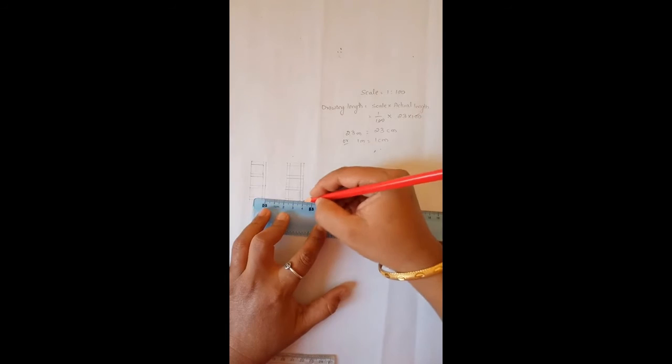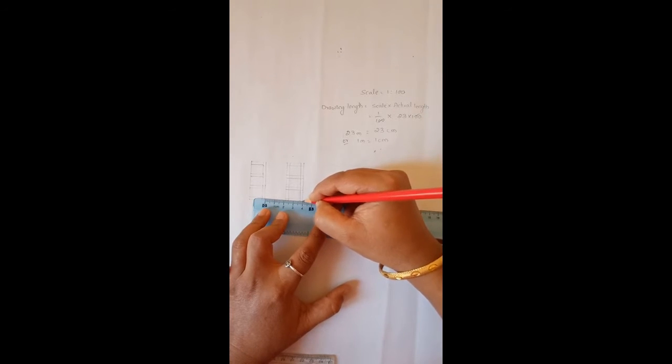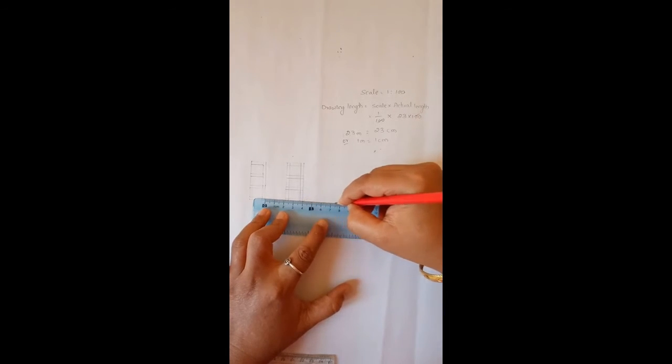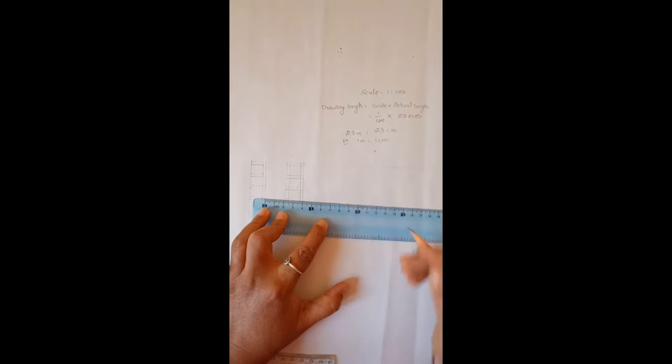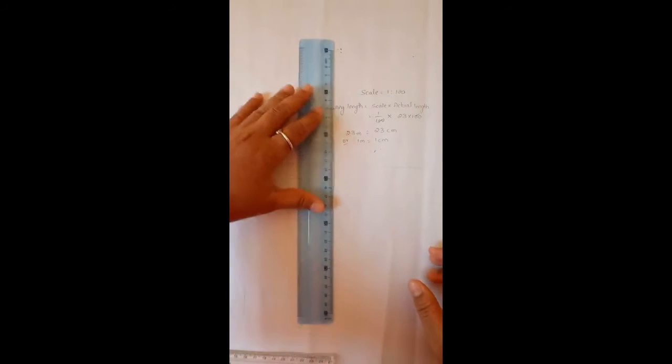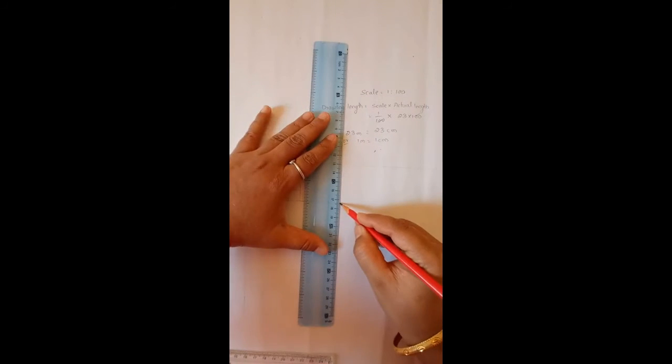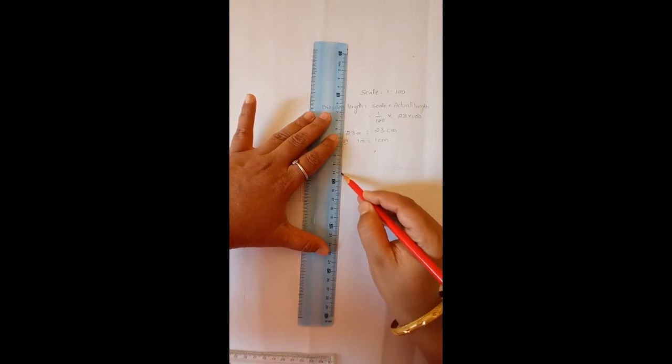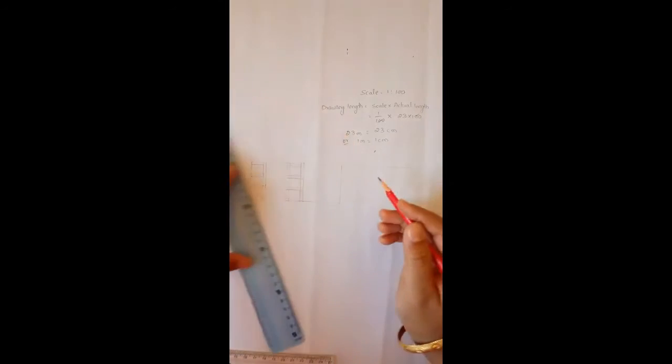First give the wall thickness, that is 0.12, no, this is a point thickness, wall thickness. Then from this point take a straight line, from here to here, that is 3.6.